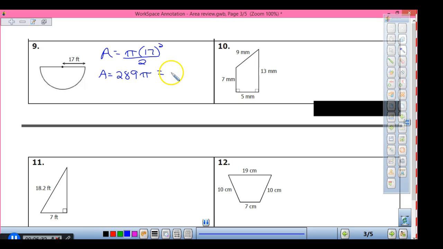What is it? 907.46. Then you have to divide it by 2 because you only have a semicircle. So my area is 173... d squared.